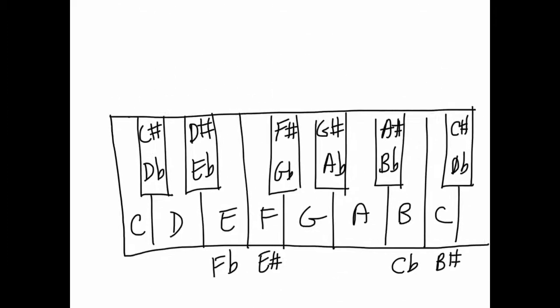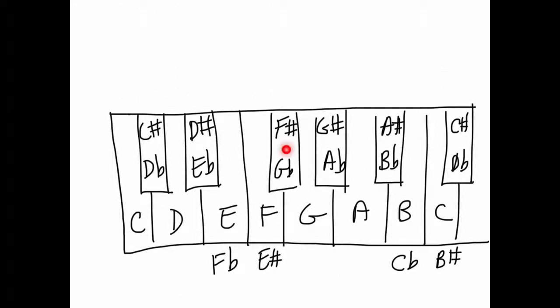Now let's try some enharmonic notes. So what are enharmonic notes again? They're two different names for the same note. So what is the enharmonic note for F sharp? Let's look at our keyboard, find an F sharp, and we see that G flat is the same note as F sharp.